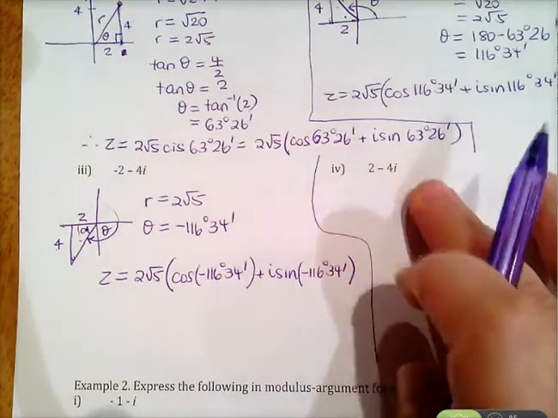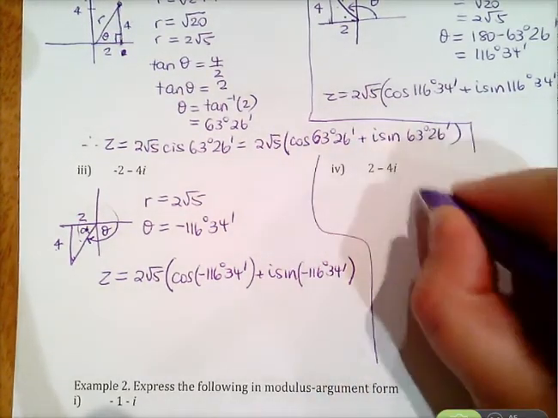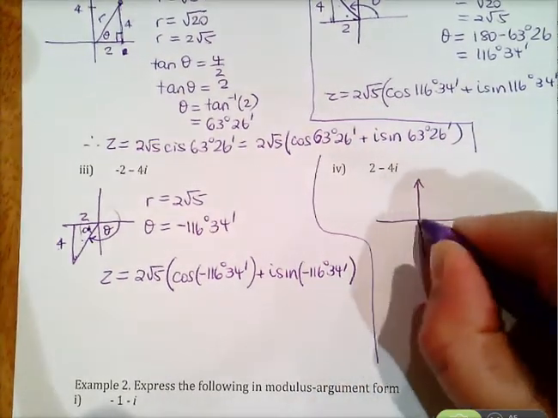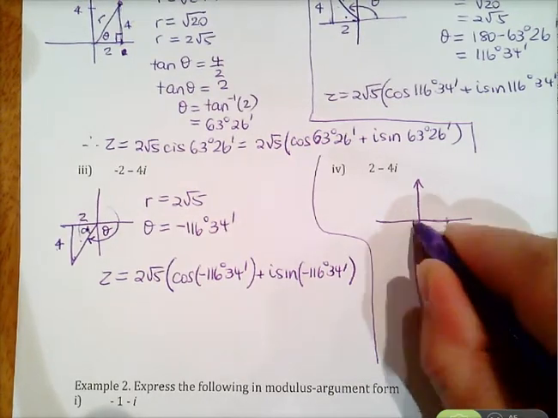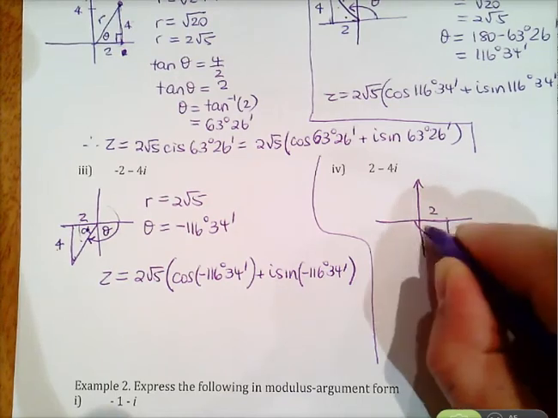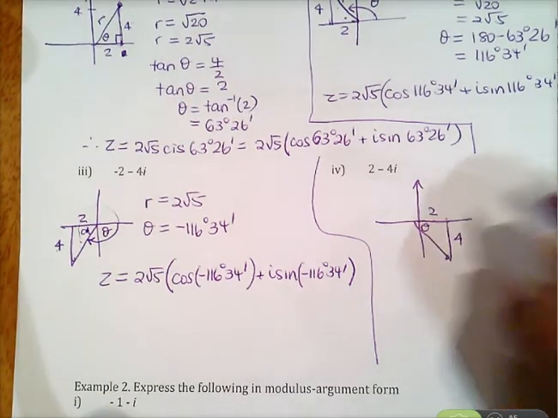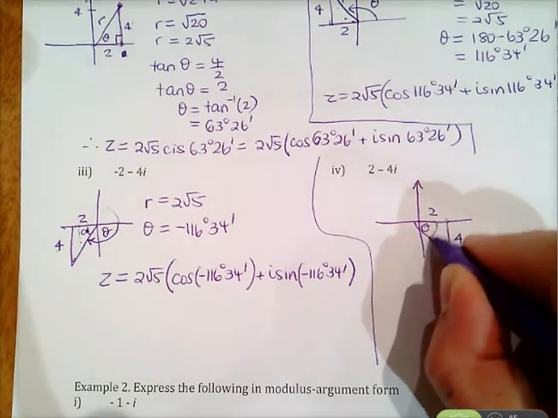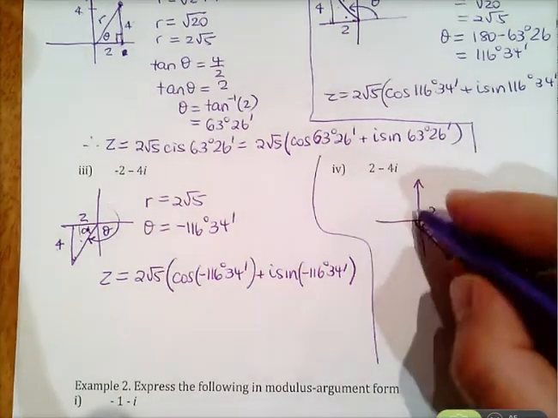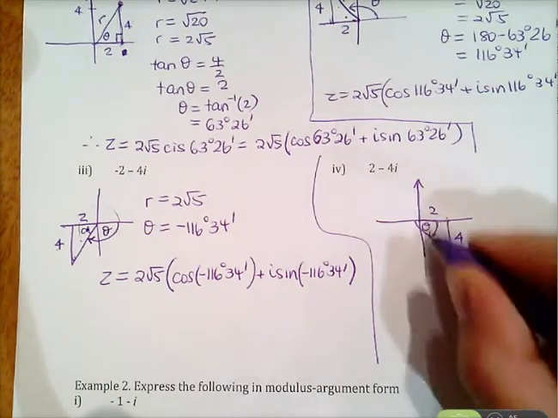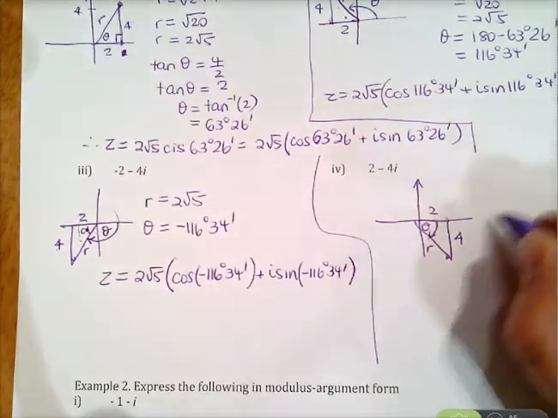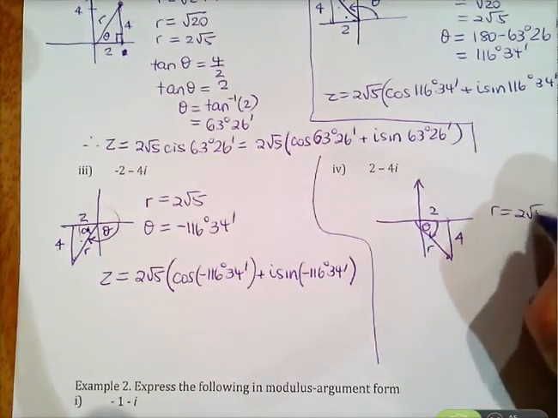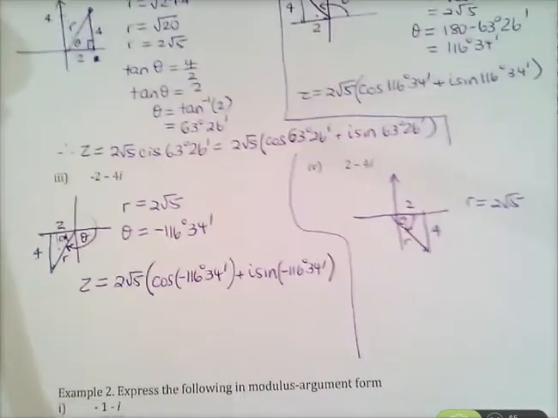Now, for this last one, 2 minus 4i, notice you have to sketch them, otherwise you don't know what quadrant you're in. 2 minus 4i is down here. Again, 2 across, 4 down, there's my angle. From the positive direction of the x-axis and going clockwise, it's a negative angle. I know that this is r. Again, r is going to be 2 root 5, exactly the same again.